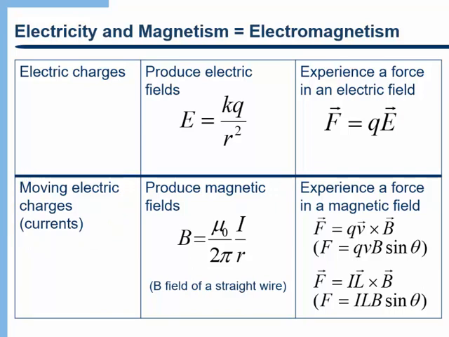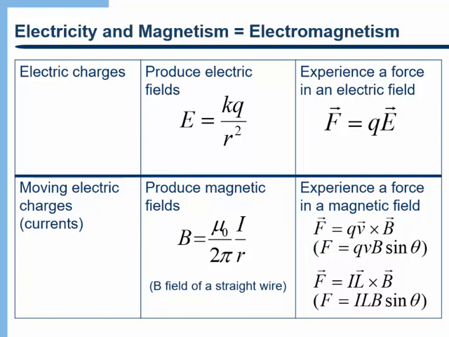So that means anytime you have a current in a wire, it's creating a magnetic field. Here's the magnetic field created by a straight wire. We also know that moving charges will experience a force if placed in a magnetic field. So either individual charges create a magnetic field, or experience a force in a magnetic field given by that formula.